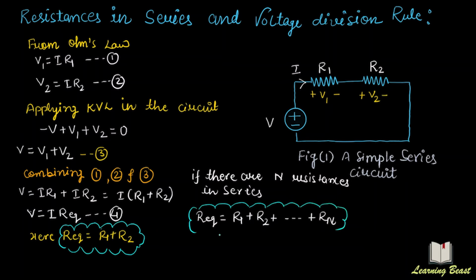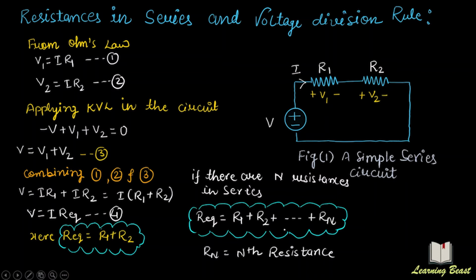So whenever there are n number of resistances in series, then you can calculate the equivalent resistance by summing them.